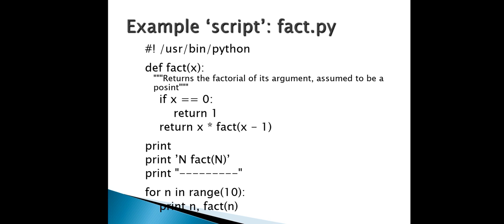Fact.py is the file name of the Python file. So here the hashtag is used for comment lines. usr folder, then bin folder, then python folder, def fact function. So you can easily watch my screen. This is the code for factorial numbers.